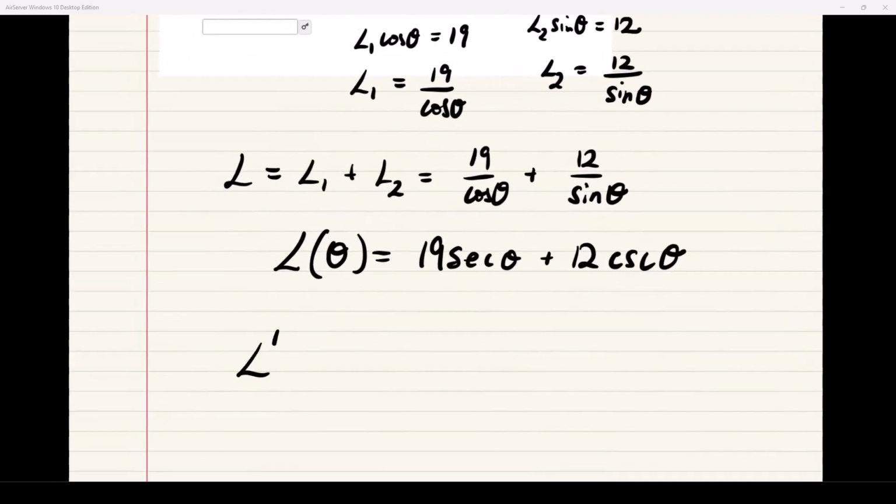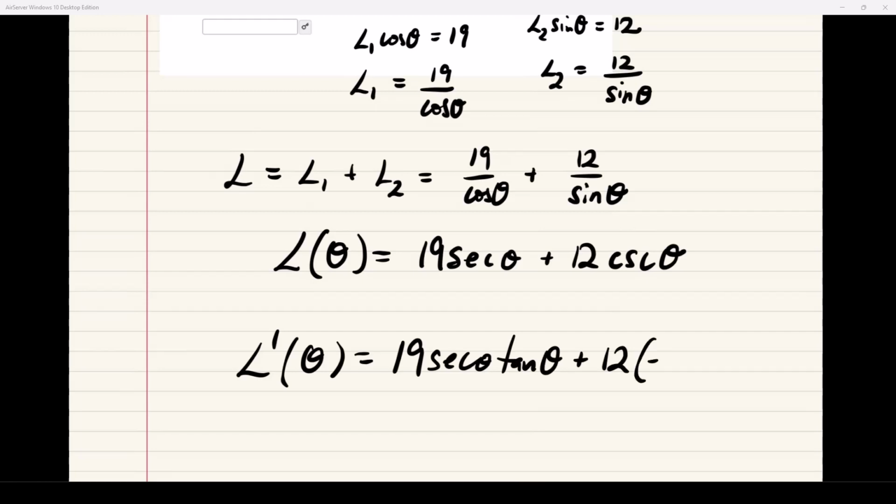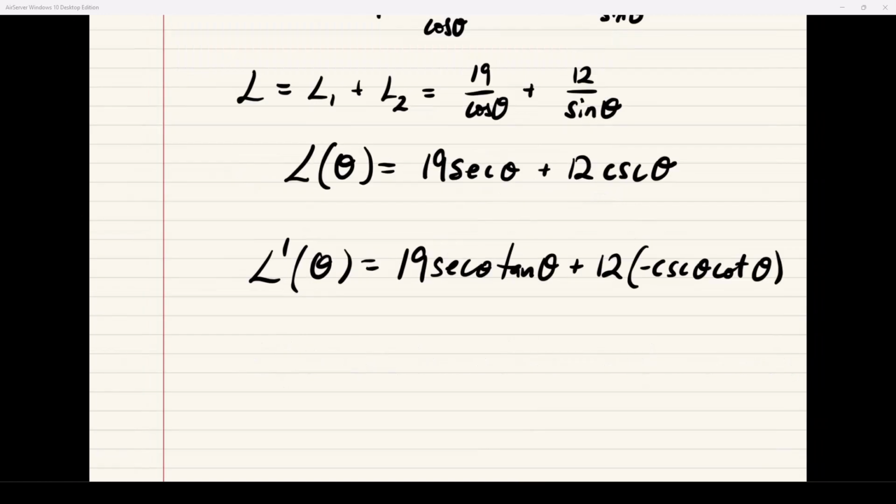So L prime, that would be 19 times the derivative of secant, that's secant theta tangent theta. And then we have the constant 12 times the derivative of cosecant, and that's negative cosecant theta cotangent theta. So our derivative is 19 secant theta tan theta minus 12 cosecant theta cotangent theta.